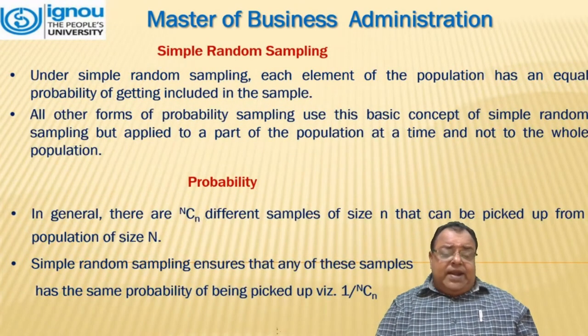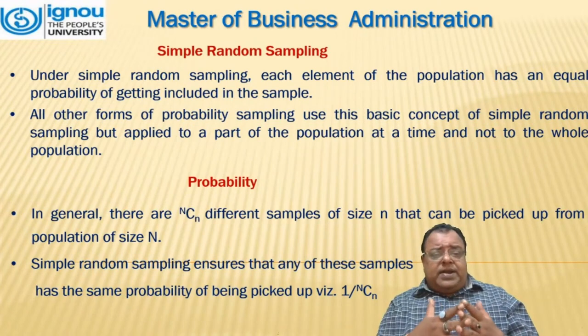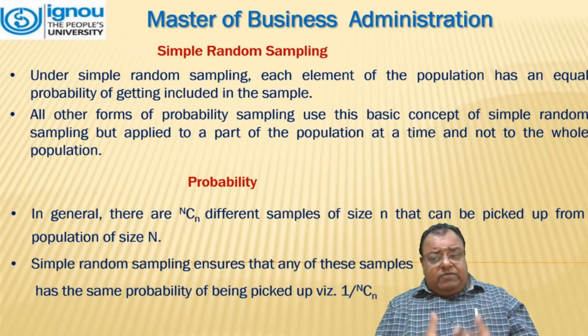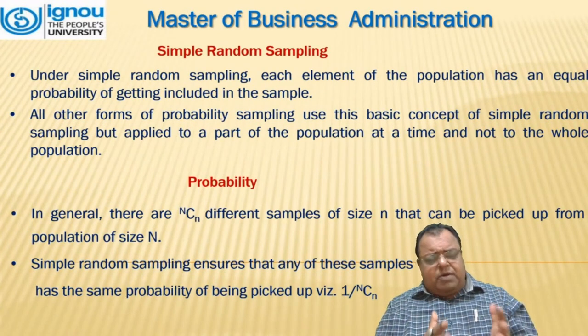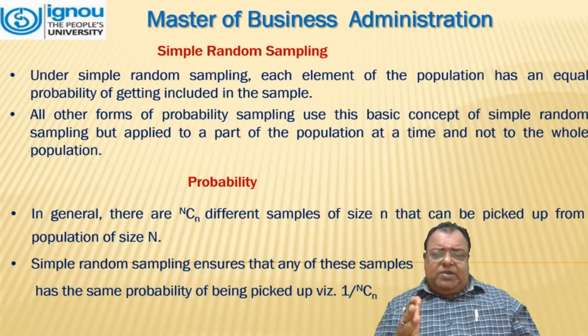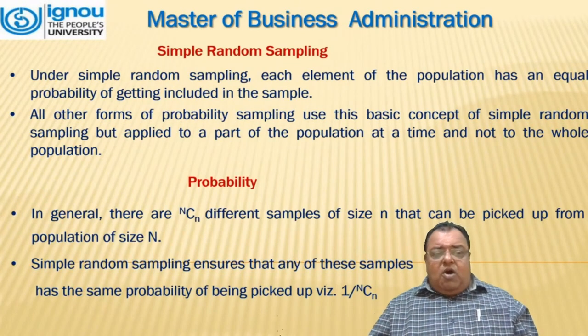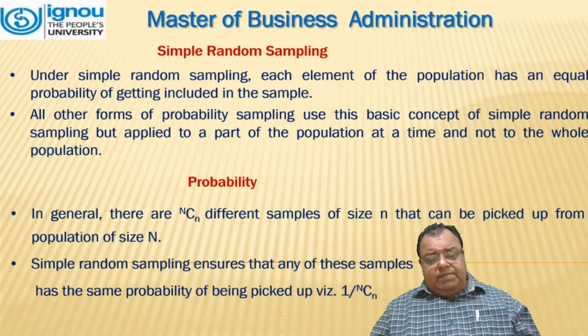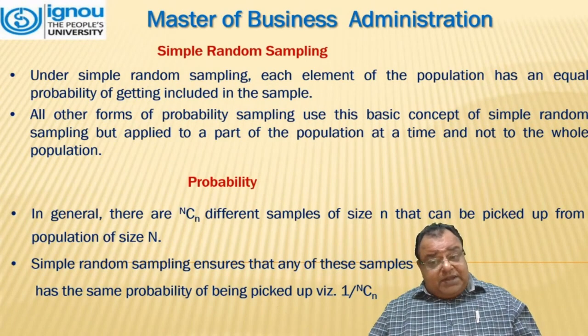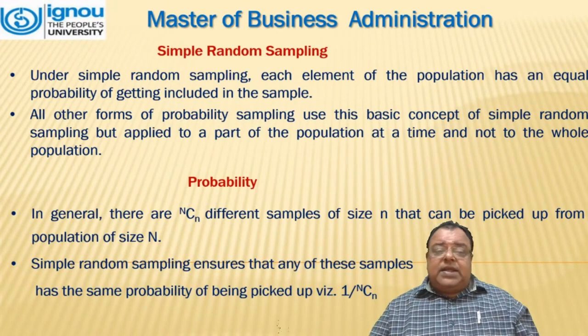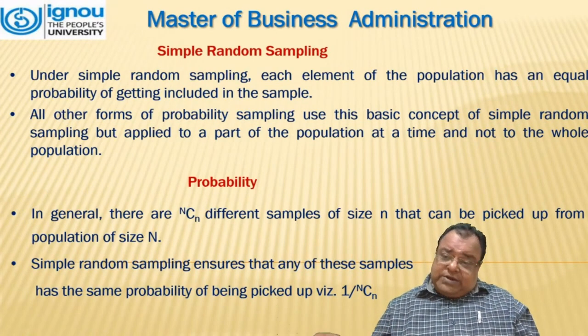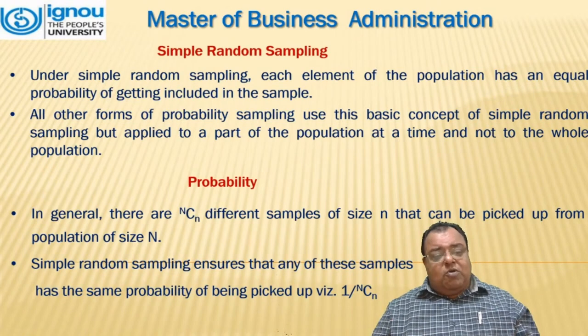Simple random sampling. Under simple random sampling, each element of the population has an equal probability of getting included in the sample. All other forms of probability sampling use this basic concept of simple random sampling, but applied to a part of the population at a time and not to the whole population.